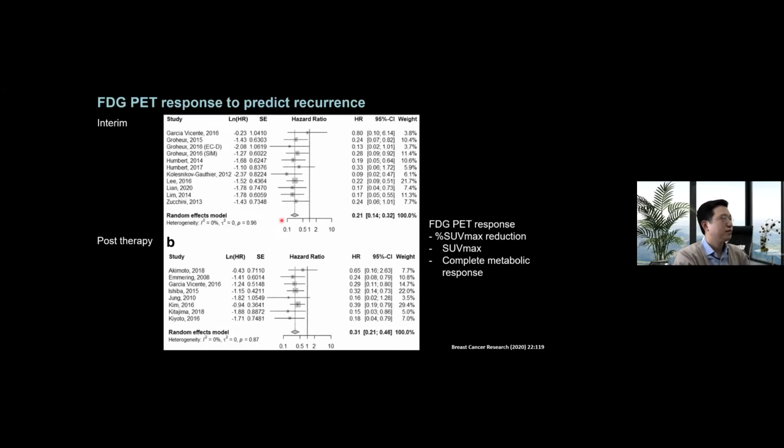Although, if those study results are pooled, to see if FDG PET response is related to disease-free survival, then the interim PET scan showed a hazard ratio of 0.21, which means the PET response is related to good prognosis. And post-therapy also showed a similar hazard ratio to predict recurrence.